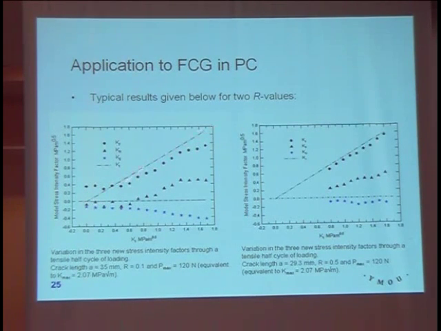That is the line of K1. Kr does that, and Ks does that. And if you move up to R 0.5, you get different values. So we are capturing differences in the fatigue in the plastic zone arising from the difference in stress ratio. So that makes one feel fairly positive, at least you have something that's possibly realistic.